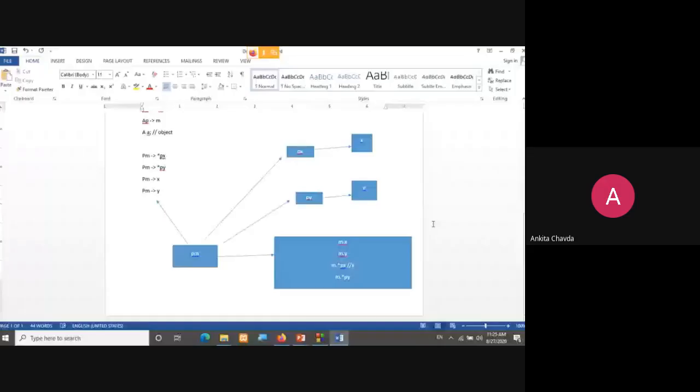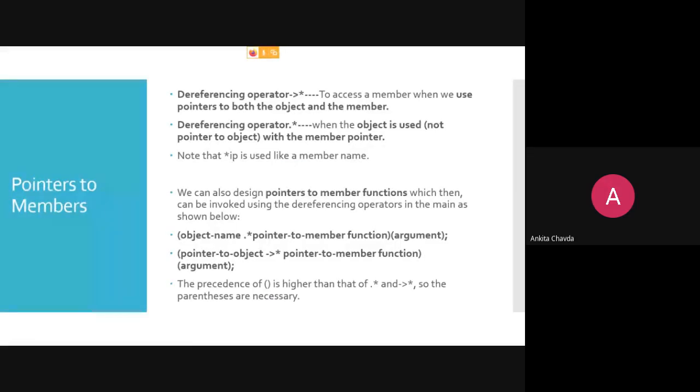The next topic is again pointer to members, and here this arrow and star and dot and star are known as dereferencing operators. Whenever we use arrow and star, it means we are accessing a member when using pointers on both the object and the member, right?